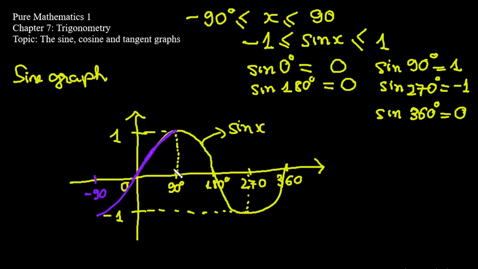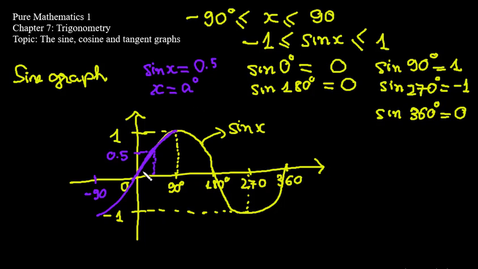From the sine graph, let's say you have sine x equal to 0.5. On the scale at 0.5, you read off from the graph, and you can find the value of x in degrees.